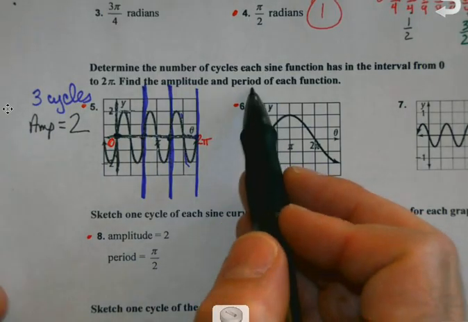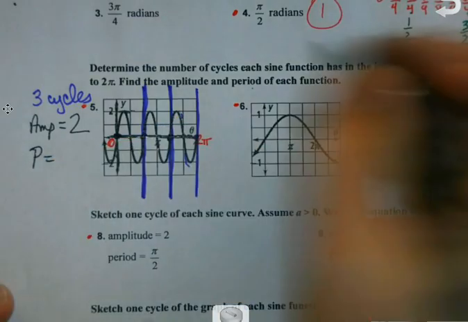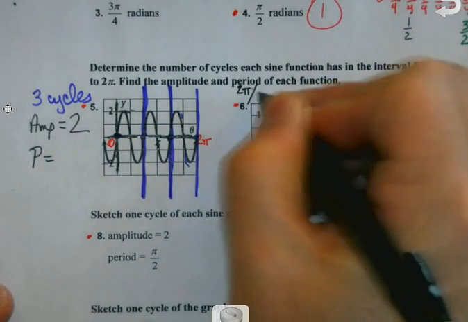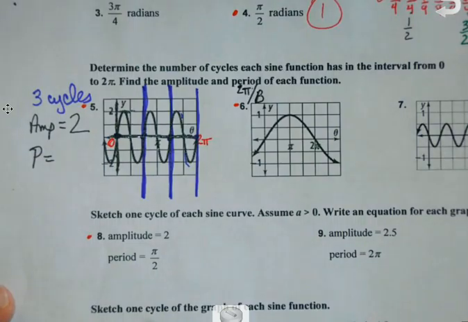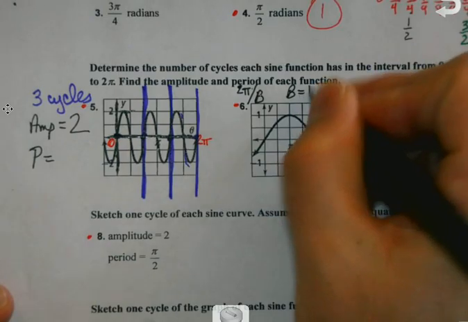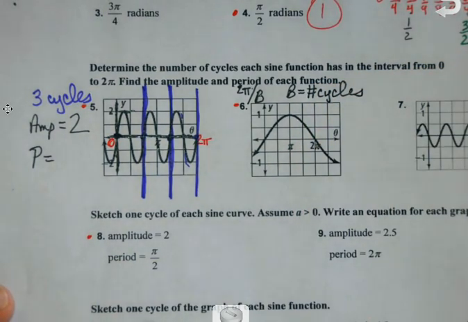And then the period, remember when we're looking for period, period is always 2 pi divided by b. Okay? B equaling the number of cycles that we're looking at. Right.